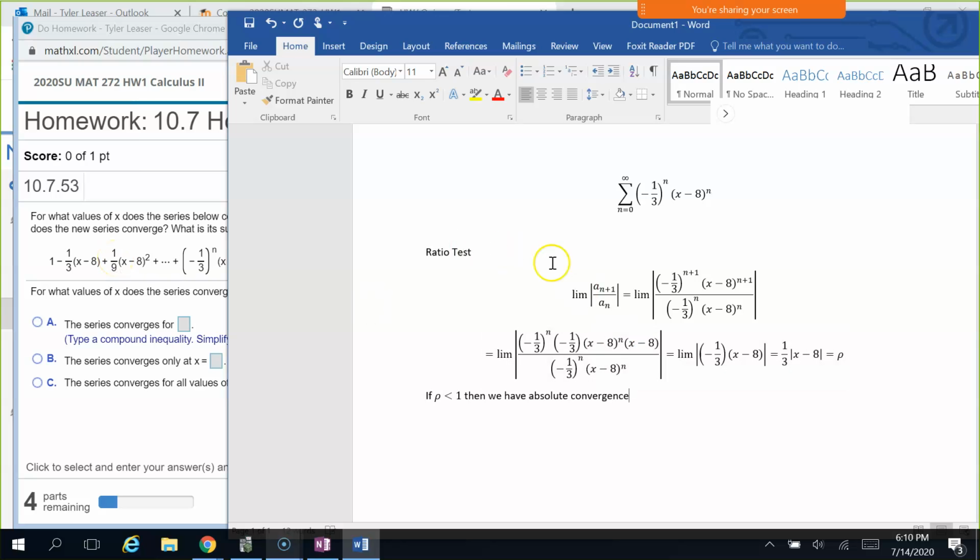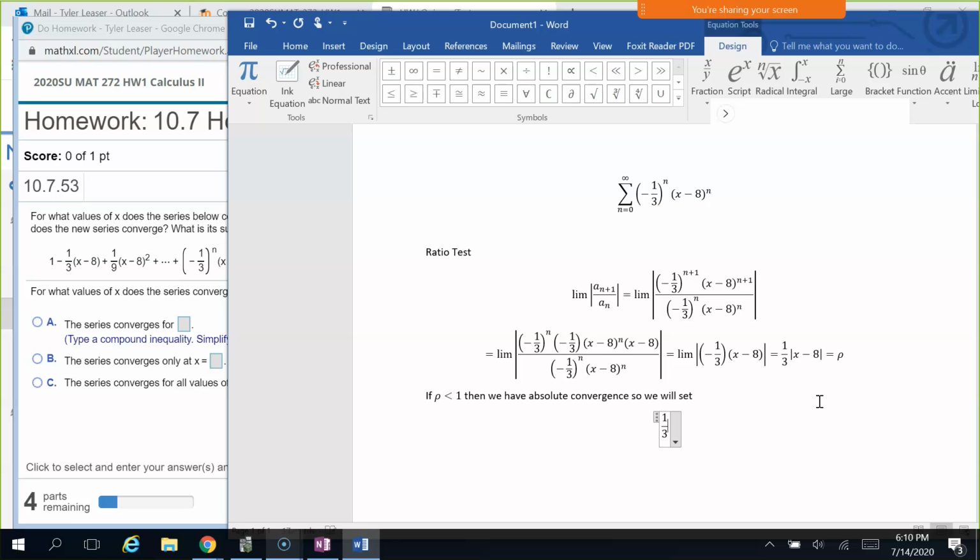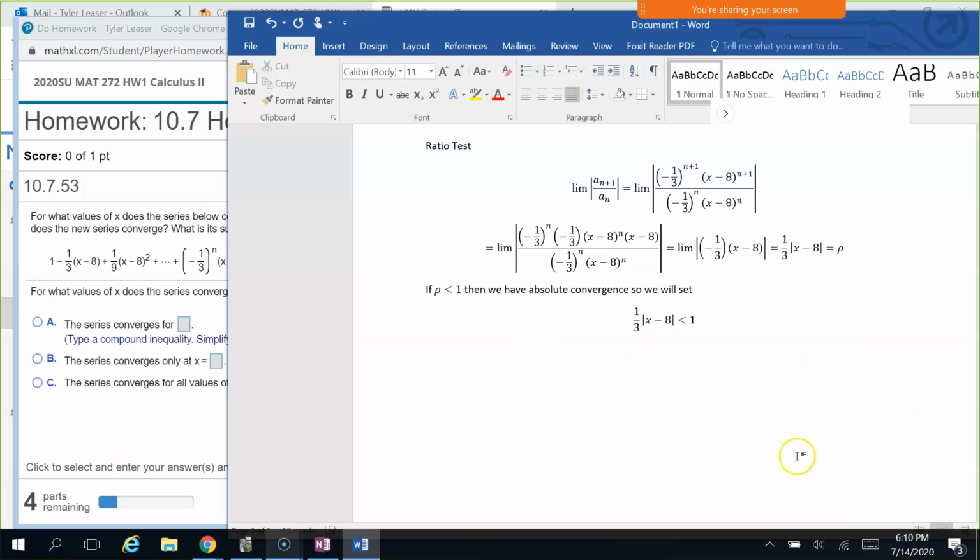The only time the ratio test gives convergence is when the rho is less than 1. So we will set that value that I have, that 1/3 absolute value x minus 8, we're just going to force that to be less than 1 because we know this is now where the series is going to converge based on the ratio test.